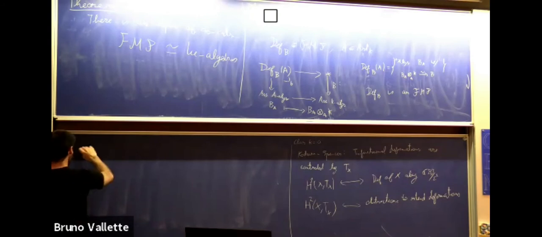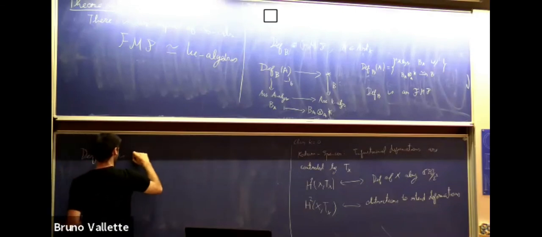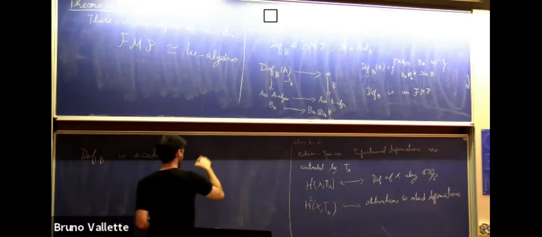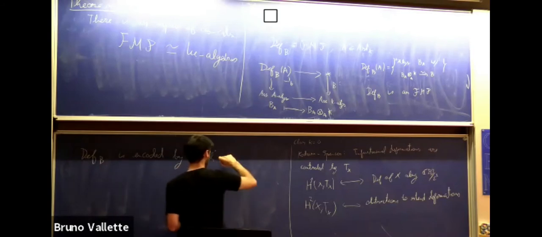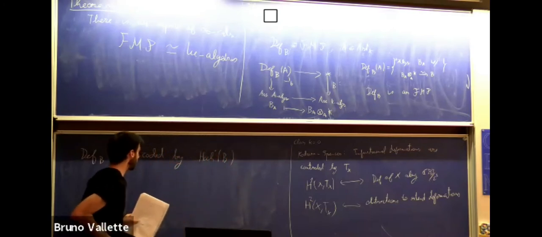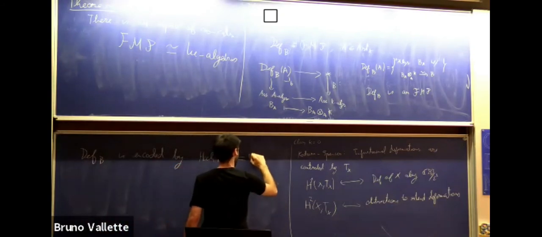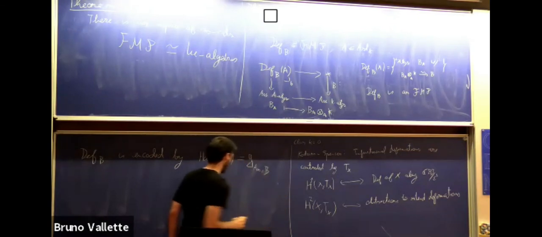If I tell you that under this equivalence, Def B is encoded by the Hochschild cochain complex or Lie algebra of B, with values in itself, which I was previously denoting by G of infinity B, I believe.